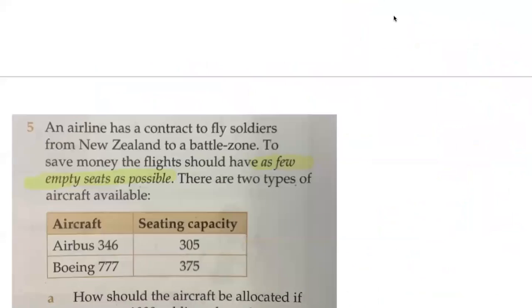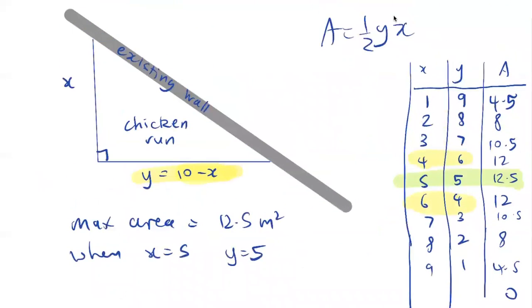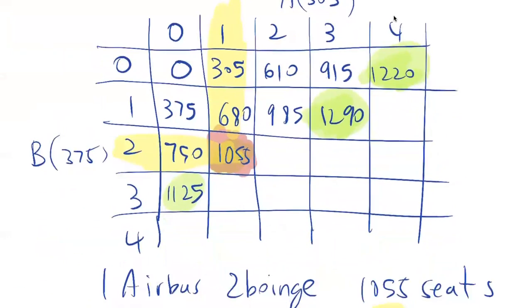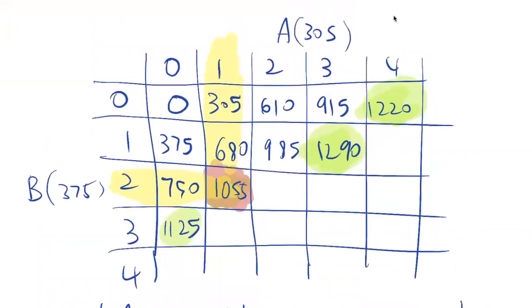In the first example, this is more of a simple solution, where there's only one variable involved, and that's x, because y is really 10 minus x. So this is what we call a 1 variable problem, simple table. But over here, we need a grid because we're dealing with 2 variables, 2 different types of aircraft, and we need to compare them in that way, and we set up a grid.